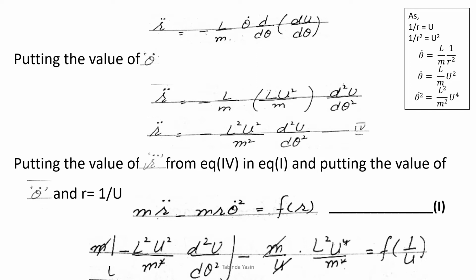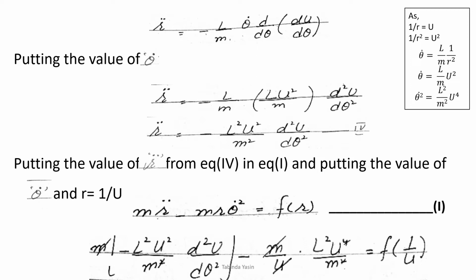In place of r we substituted f of 1 over u, and cancelling m on the left hand side in the first term, m with m, we are left with 1 m in the denominator, and on the right hand side in the second term we cancelled m with m in the denominator and u with u.